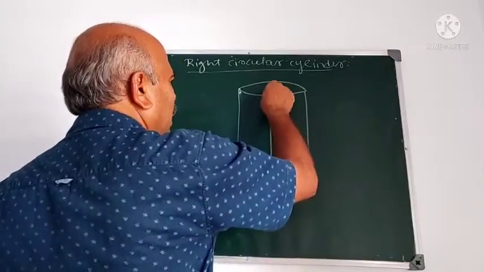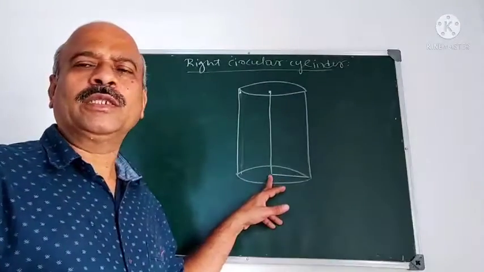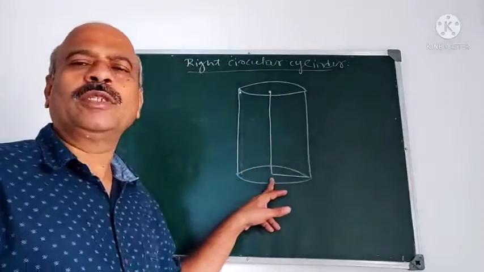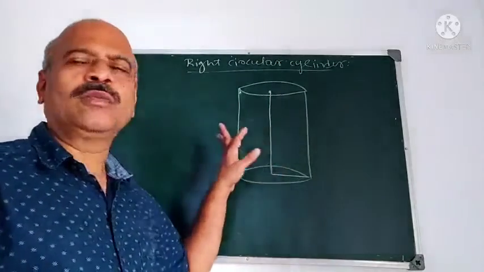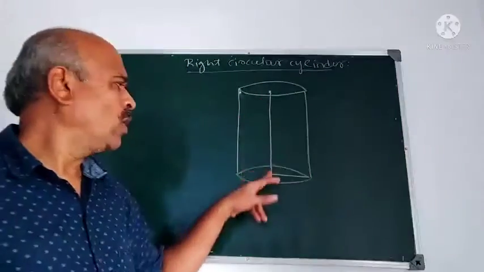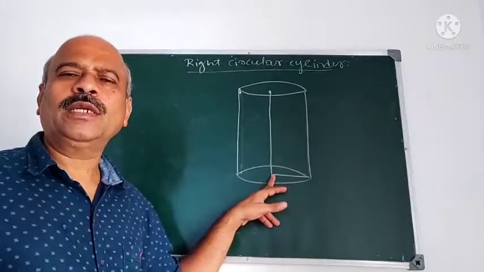Here, a normal to the circular base which passes through the center of the circle is called the axis of the right circular cylinder. What is the axis? It is the normal, perpendicular to the base and passing through the center of the circular base.